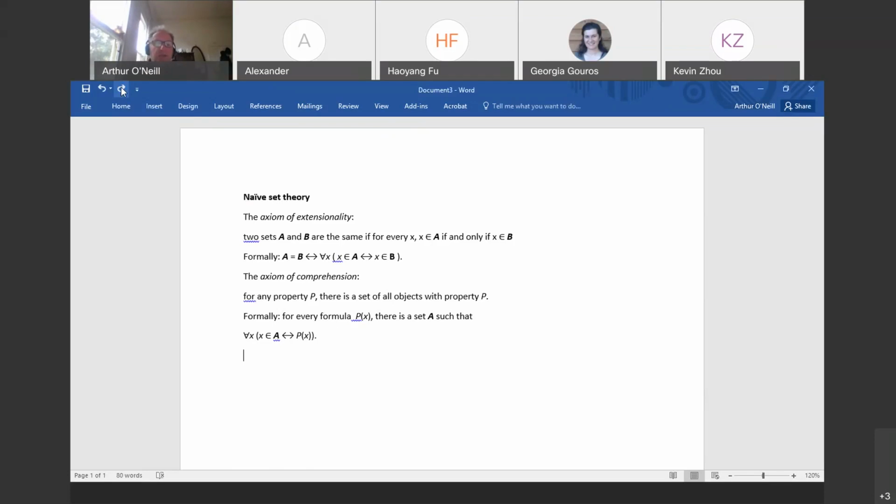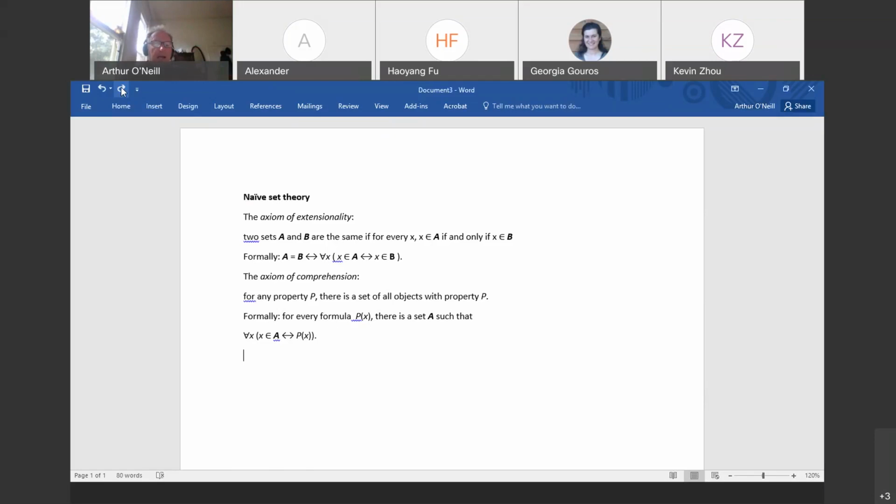For all x, the upside down A here means for all, and the two arrows mean if and only if, the arrow's going both ways. So formally, two sets A and B are equal if and only if for any element x in A, that is an element of B.